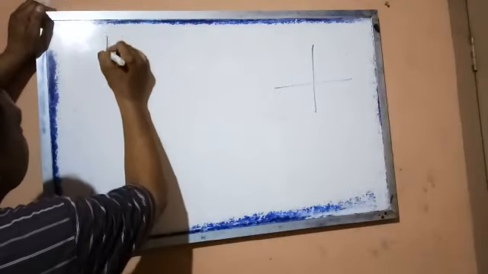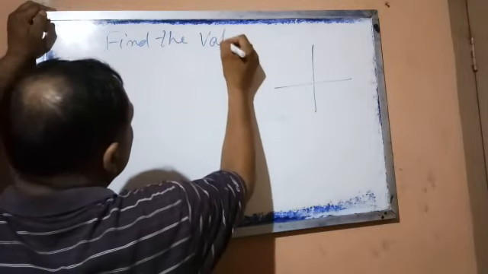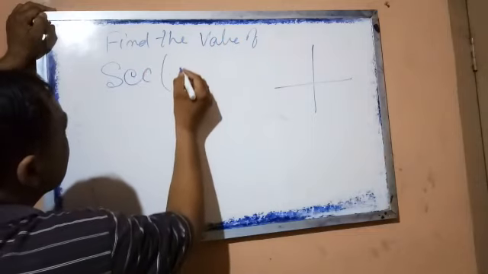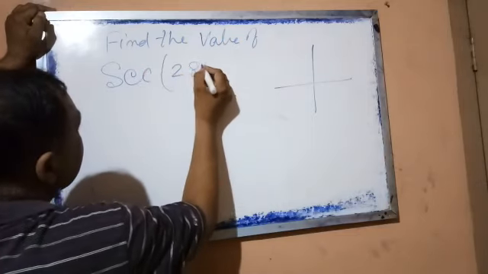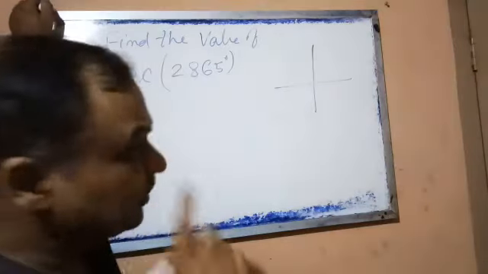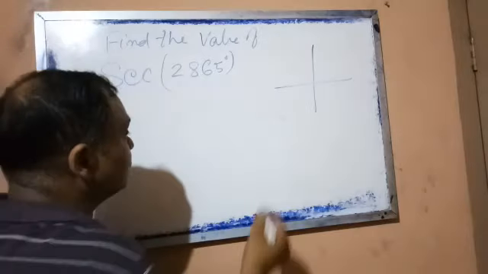Say the question is find the value of sec 2865 degree. So what step I told you? First you divide it by 90 and see how many times it goes.